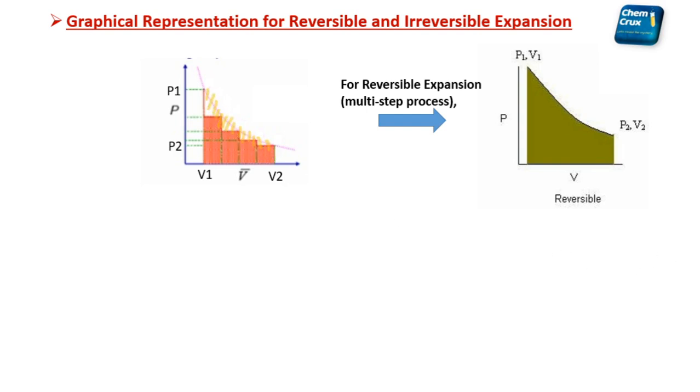So as you can see, the whole area under the curve is the net work done for reversible expansion, correct?